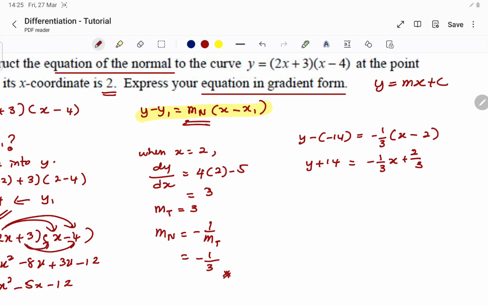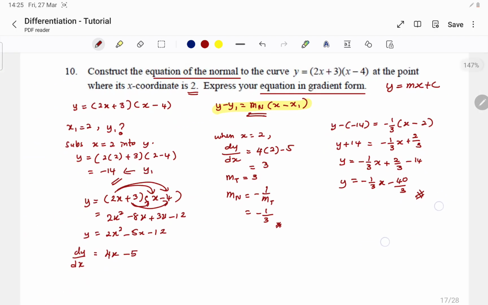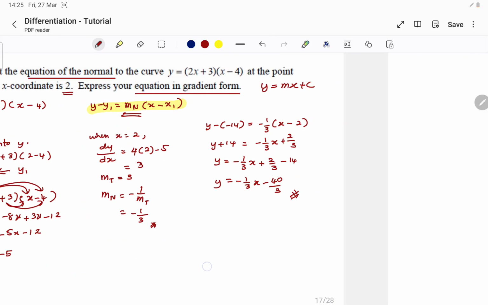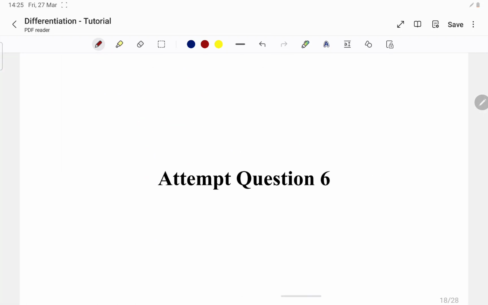Then you bring positive 14 to the right side, you're going to get negative 1 over 3x plus 2 over 3 minus 14, so negative 1 over 3x minus 40 over 3. So this is your final answer for question 10. Okay, so what you guys have to do is attempt question 6 for this subtopic tutorial. Okay, thank you.